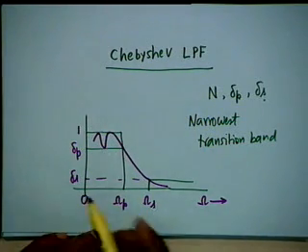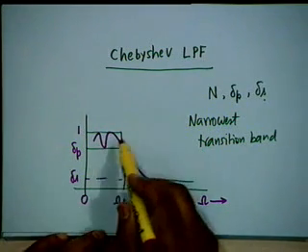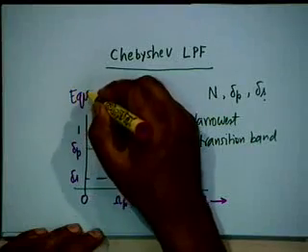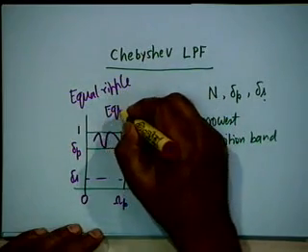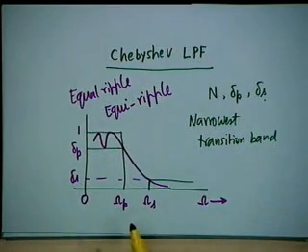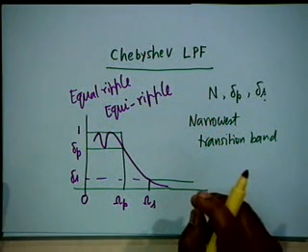So, unlike Butterworth, it is not a monotonic filter, it has maxima and minima, but between two limits. The maxima reach equal amplitudes, the minima reach equal amplitudes. So, it is an equal ripple, which is sometimes abbreviated as equiripple. Equiripple in the pass band and monotonic in the stop band.